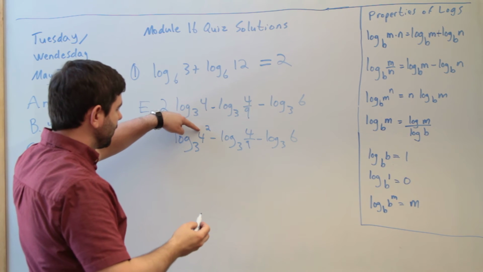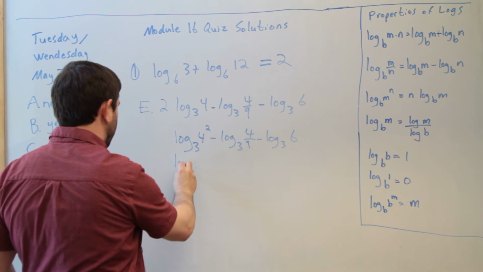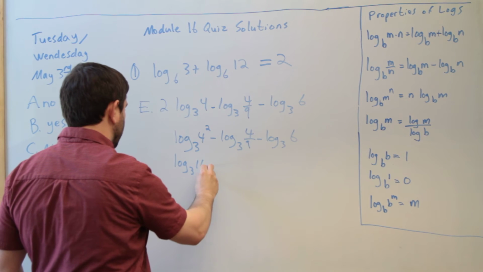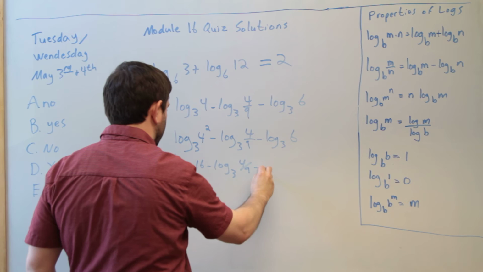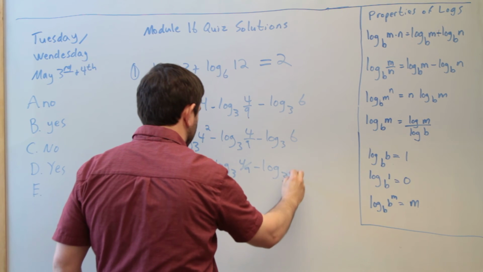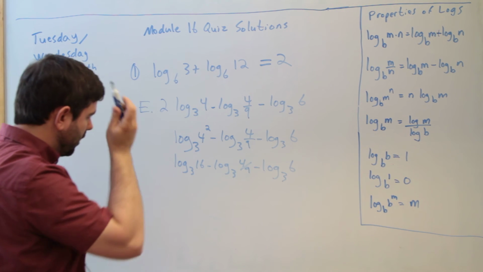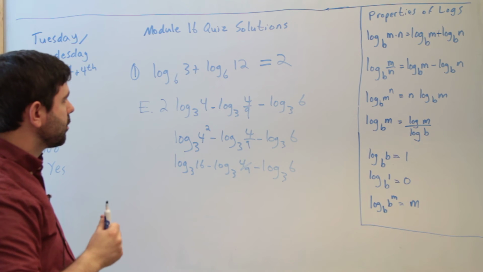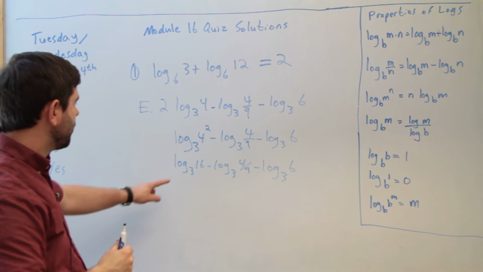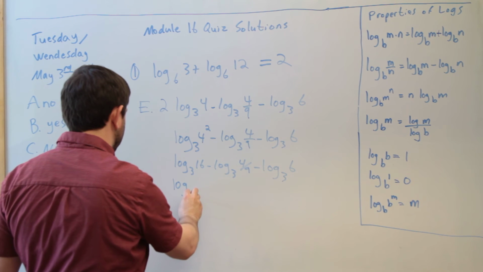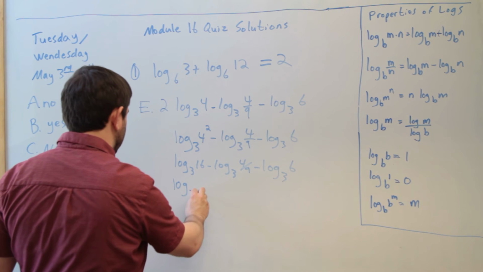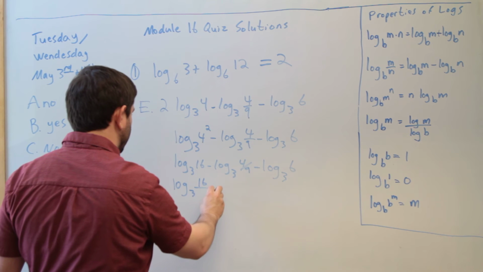So this will become 16. And now we can start using our quotient rule. Let's do these two first.